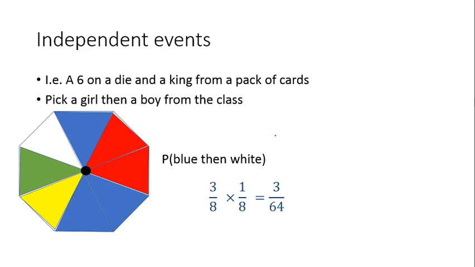In this case, it's 3 out of 64. So if I spin it twice, 64 times, I would expect to get blue then white 3 out of those 64 times. Clearly, this is theoretical, but it's 3 out of 64 times I'm going to get blue then white.